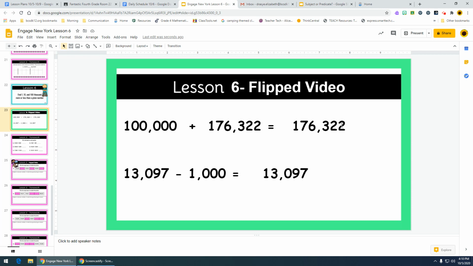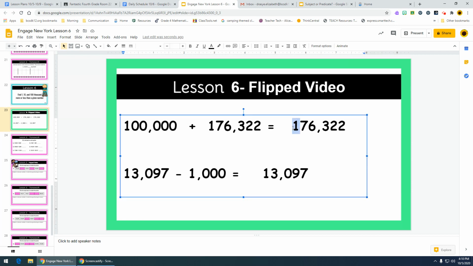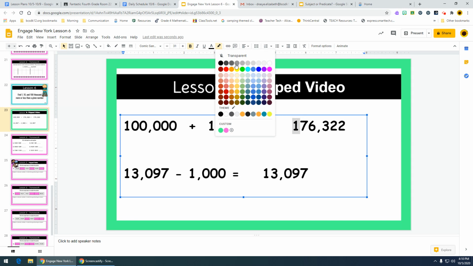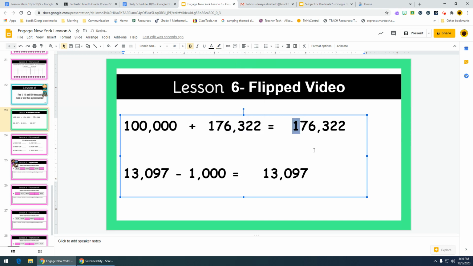So what I did is I rewrote the number, and I'm going to highlight the place value that I'm working in, which is the 100,000s. And the problem is telling me to add 1 more to the 100,000s place. So I would change that 1 to a 2. And I would get my answer of 276,322.